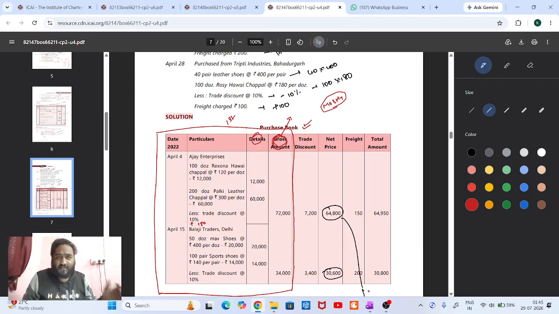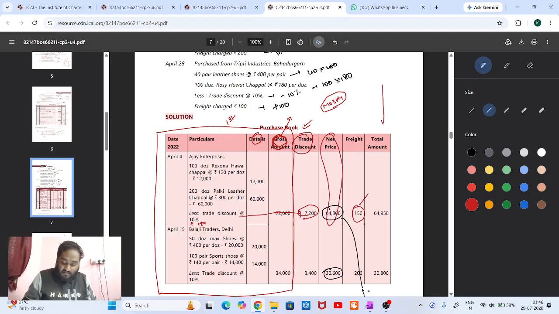Gross is the amount which is raw, which is not refined. So we reduce trade discount, and then this is the net price, and then we add freight. We could do it like this, but they have done it this way. That's the base concept.